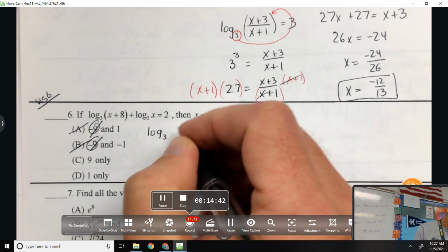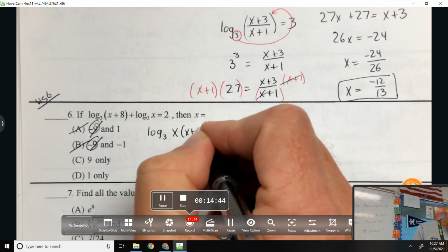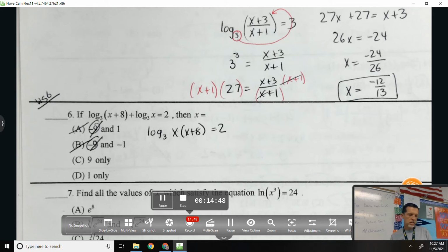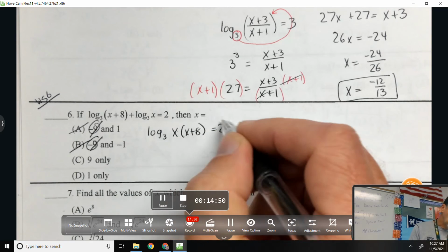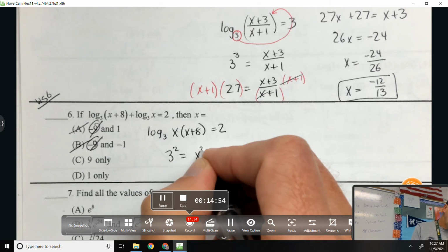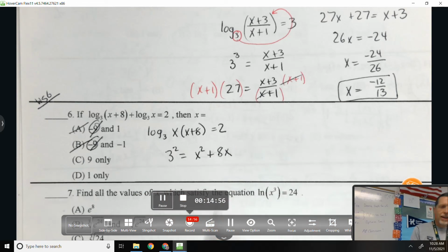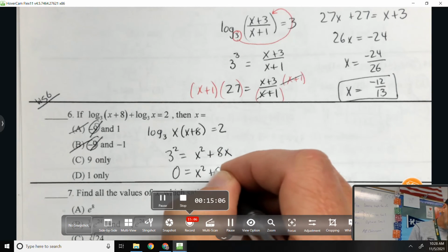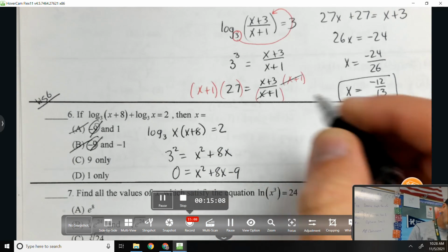Log base 3, x times x plus 8 equals 2. Do the fishhook thing. 3 squared equals x squared plus 8x. Did a couple things at once there, the fishhook and the distribute. And then I'll set it equal to 0. X squared plus 8x minus 9.